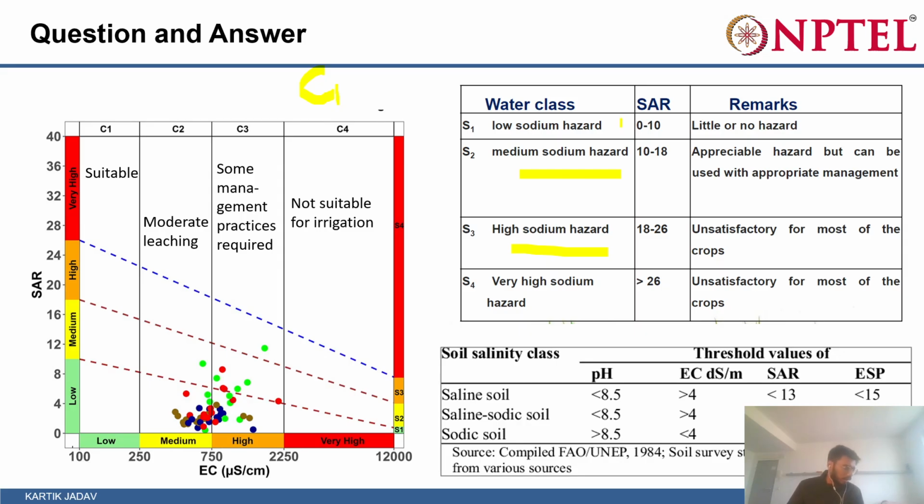If the value of sodium adsorption ratio is less than 10, it is called a low sodium hazard. You have a medium sodium hazard if it is between 10 to 18, and a high sodium hazard if it is between 18 to 26, and if it is greater than 26, it is called very high sodium hazard, and it is unsatisfactory for most uses.